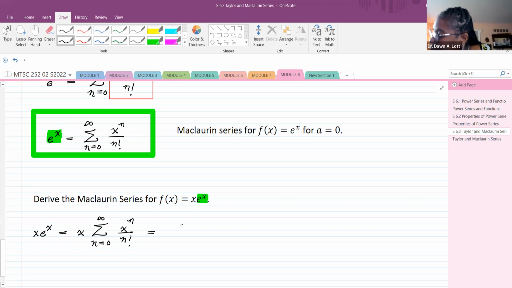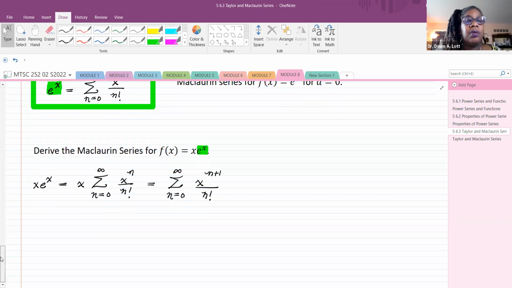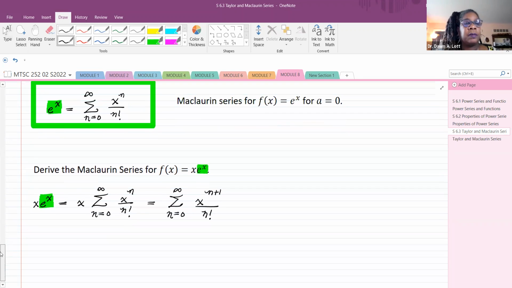So that becomes the sum n equals 0 to infinity of x to the n plus 1 divided by n factorial. So now I know the Maclaurin series for f of x equal to x e to the x, because I just took what I already knew and I was able to multiply it. Okay, any questions?